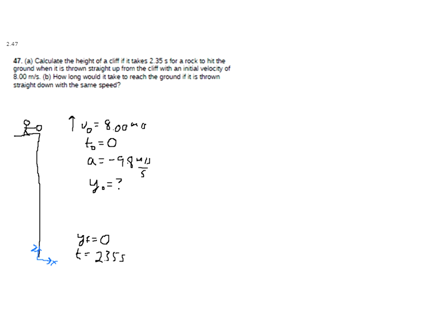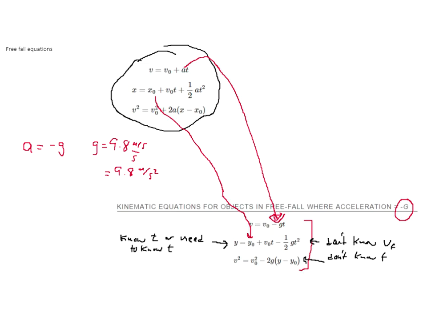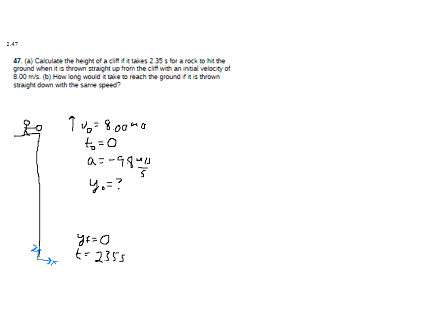So going back to the equations that Jared asked about before, we want to use the middle equation here. So y equals y0 plus v0y t minus 1/2 gt squared.